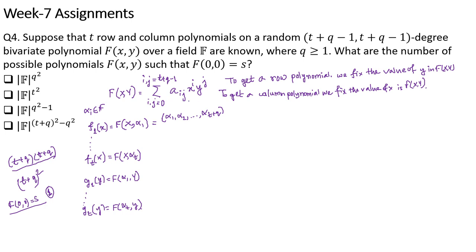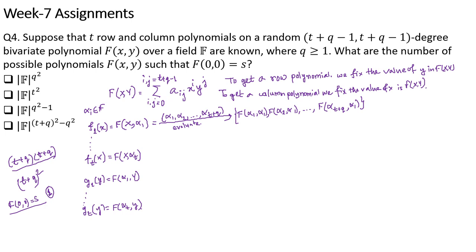On these many different points you can evaluate this function, and as a result you get a set of values, namely f(alpha 1, alpha 1), f(alpha 2, alpha 1) till f(alpha t plus q, alpha 1).